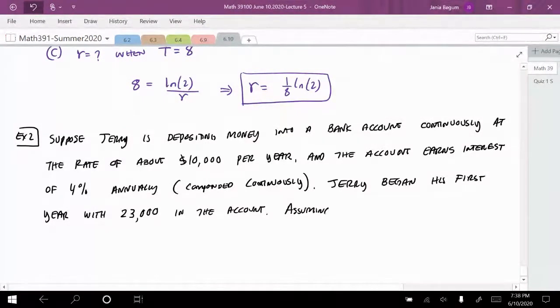Assuming he doesn't make any withdrawal.